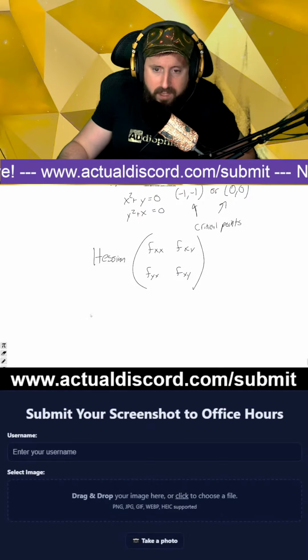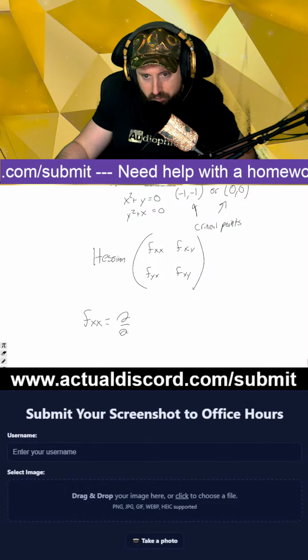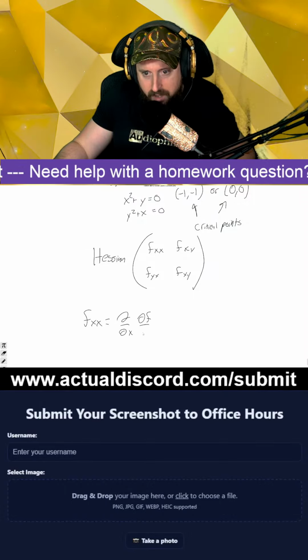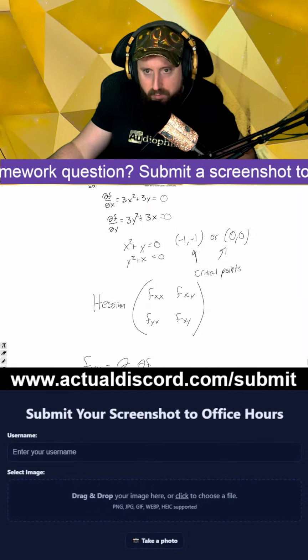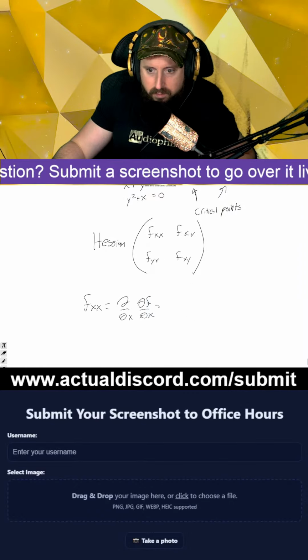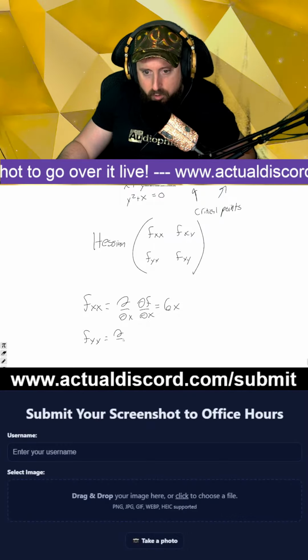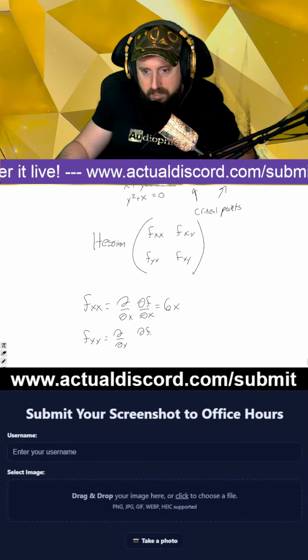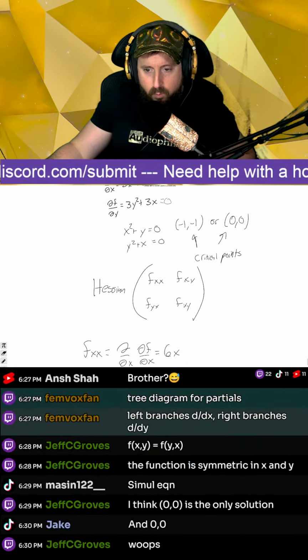So fxx is going to equal partial x of df dx, which we already had. So that's going to be equal to 6x, right? Fyy is going to equal partial y of df dy, and that's going to equal 6y.